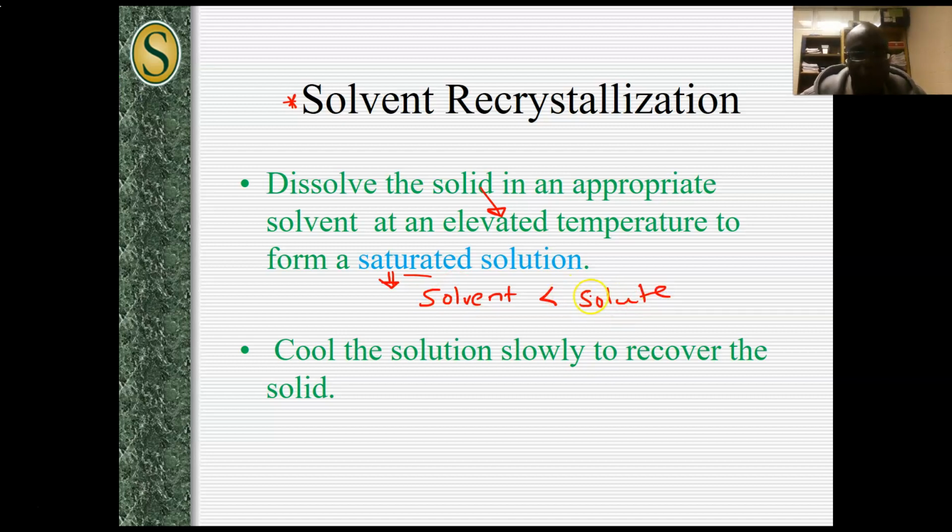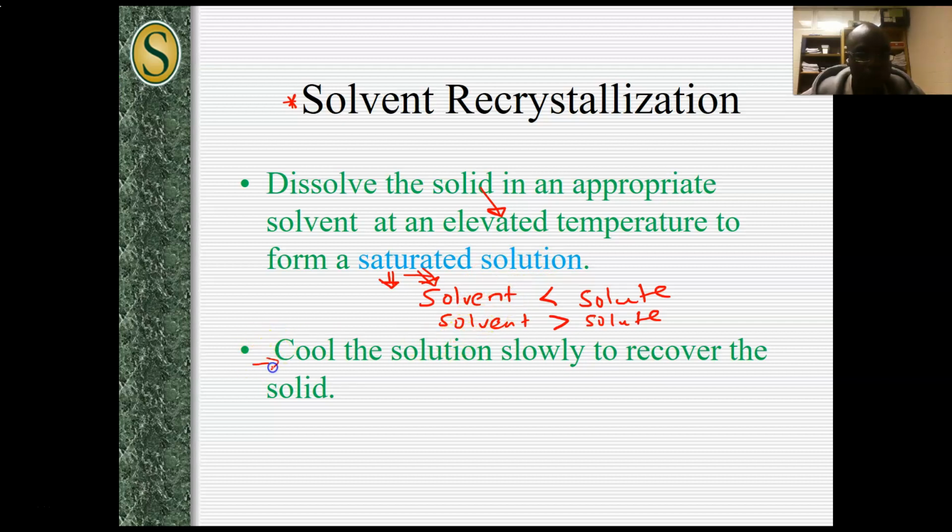In other words, you have too much solute in the solvent. A dilute solution is where the solvent amount is greatly added, like you have too much solvent compared to the solute. Okay, so you want it to be concentrated and in fact saturated, which is a little bit more than concentrated. That way, if you cool the solution, the crystals will crash out and form.